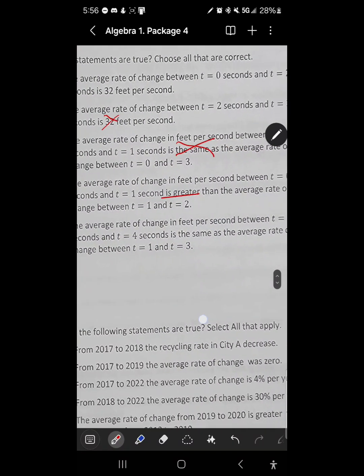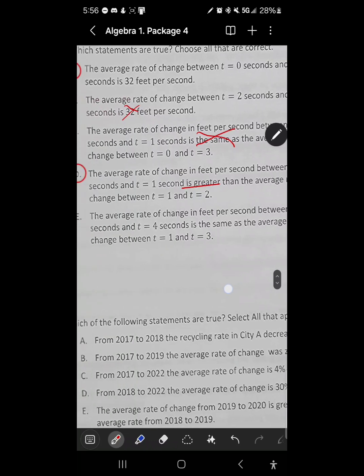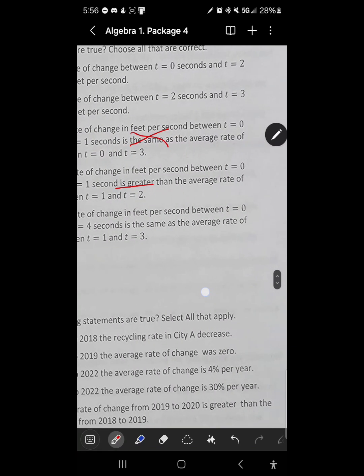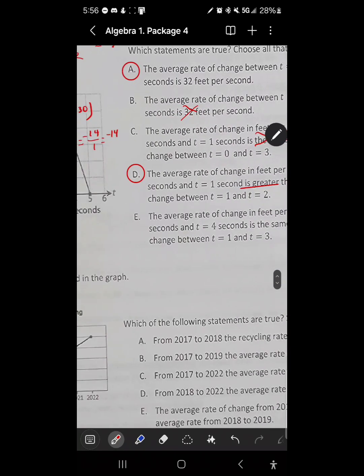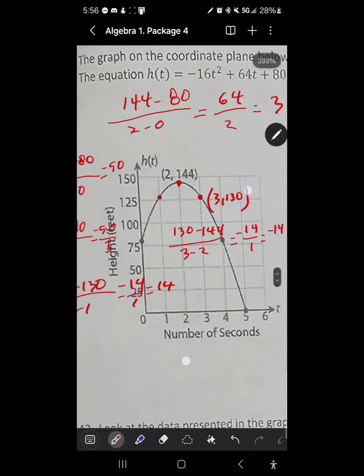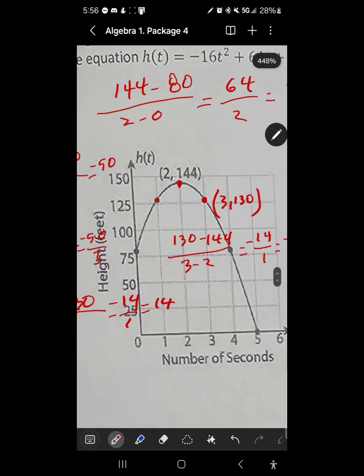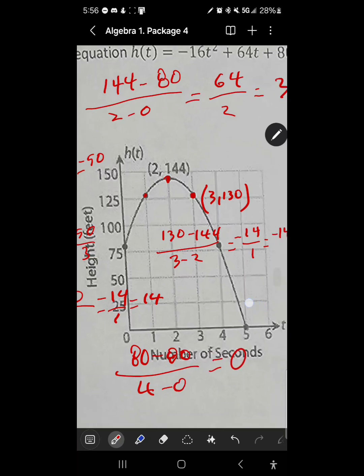Now let's see. The average rate of change in feet per second between 0 and 4 is the same as the average rate of change between 1 and 3. So let's see that. We have 0 and 4. We have 80 minus 80 over 4 minus 0, which is just 0, so our answer is 0.